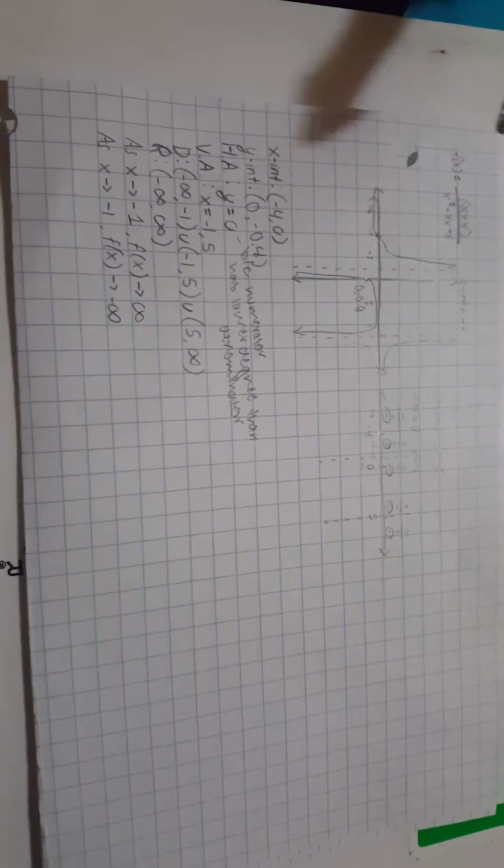So the horizontal asymptote would be 0 because the numerator has a lower degree than the denominator.